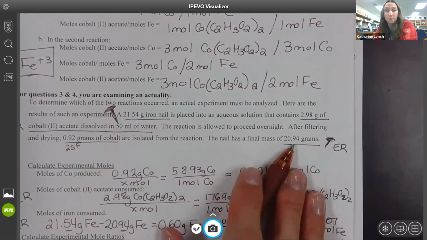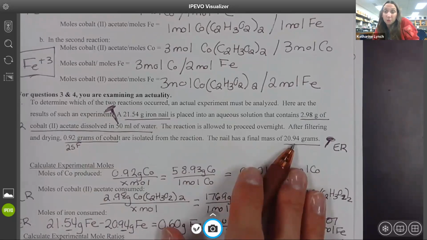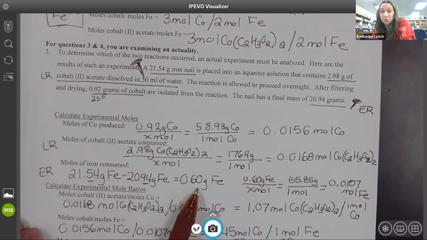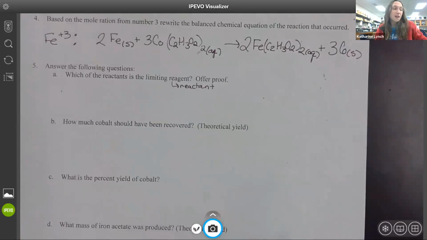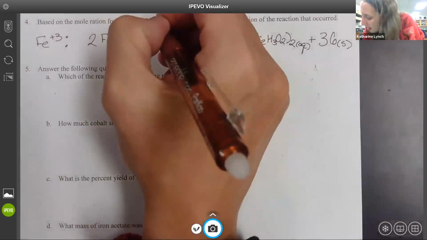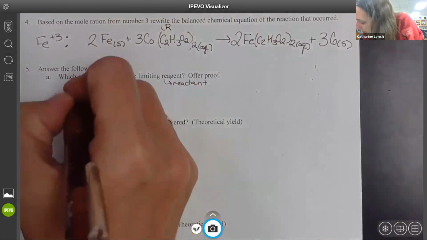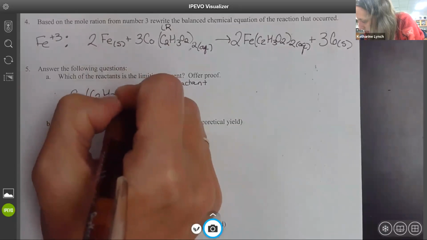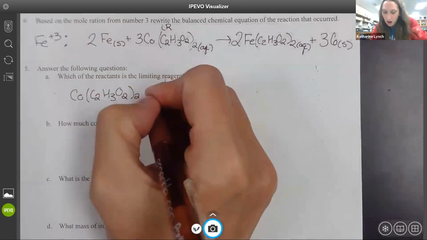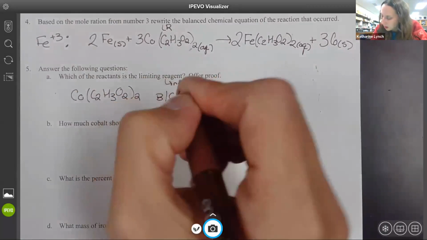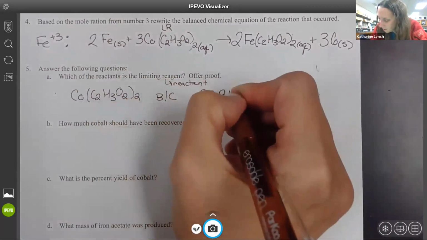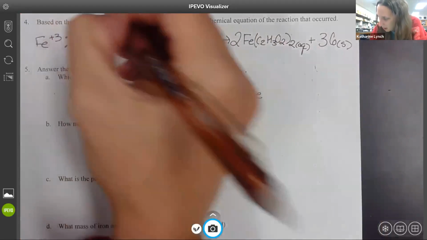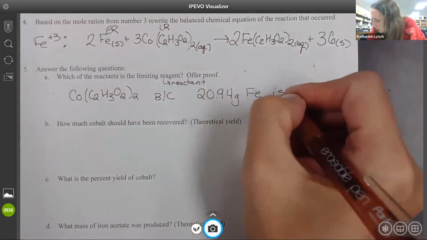Only 20.94 grams of iron was left over, meaning only 0.60 grams of iron was used up. So I am confident that the limiting reactant is the cobalt(II) acetate, because there are 20.94 grams of iron, the other reactant, the excess reactant, left over.